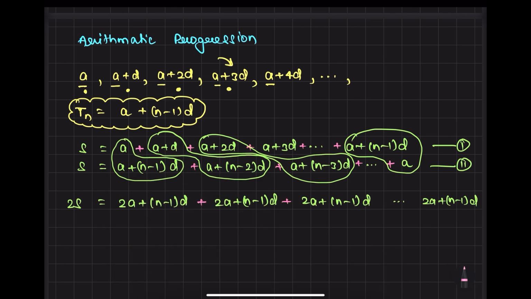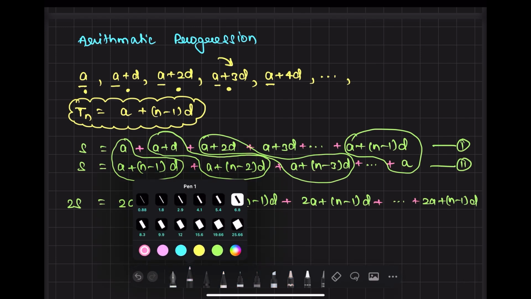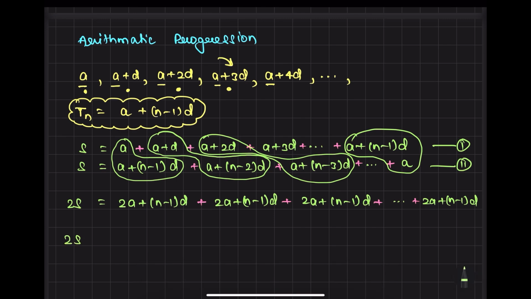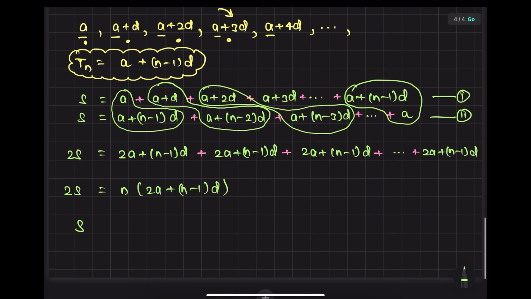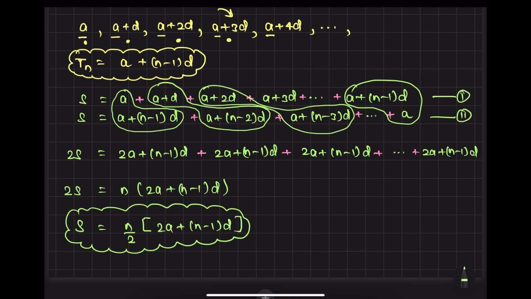Okay, now, so what I will be doing, I will club everything together. So you have 2s equals n times 2a plus n minus 1 d. Okay, now to write down a single formula, we will be writing n by 2 into 2a plus n minus 1 d. So this is one of the formula for getting the sum of n terms in an AP.